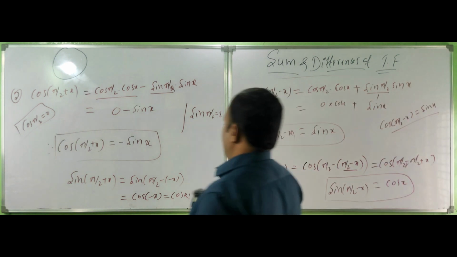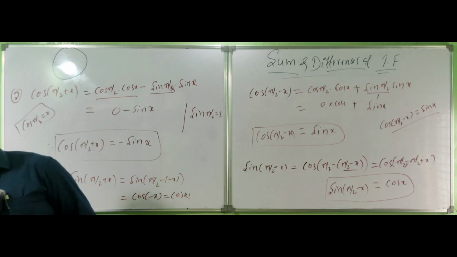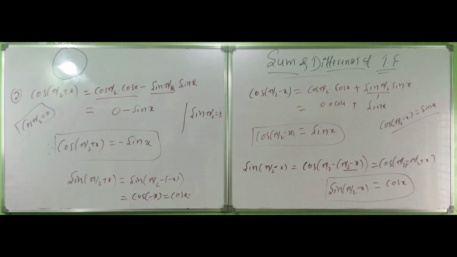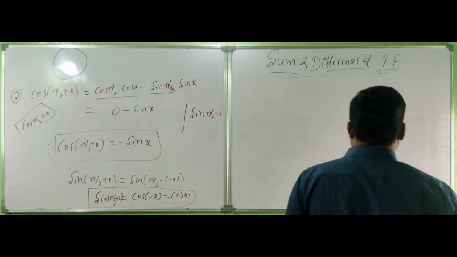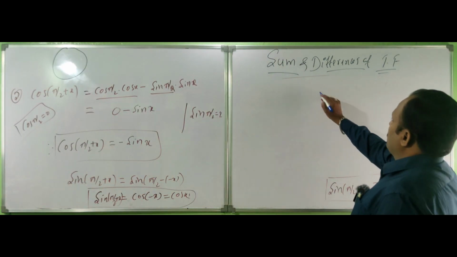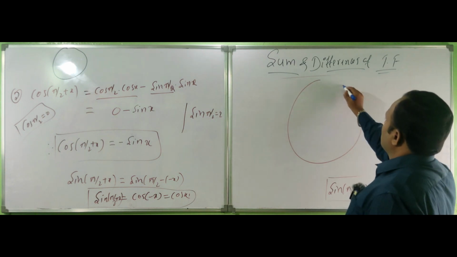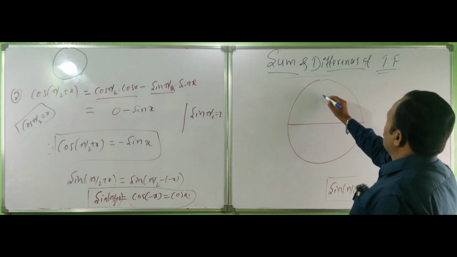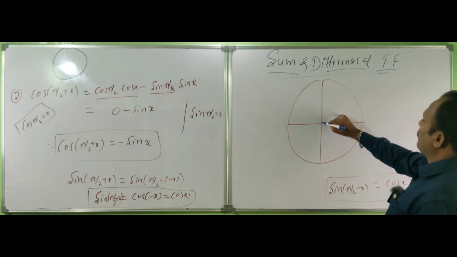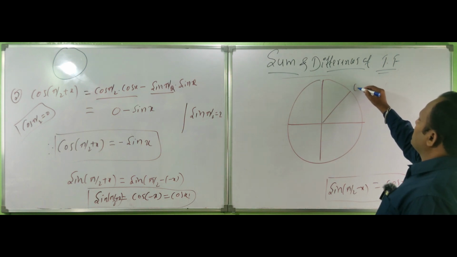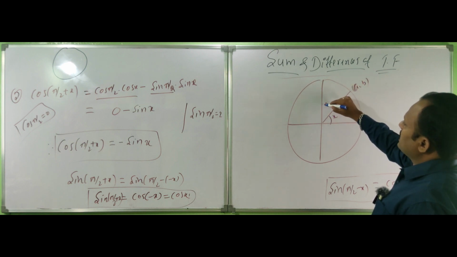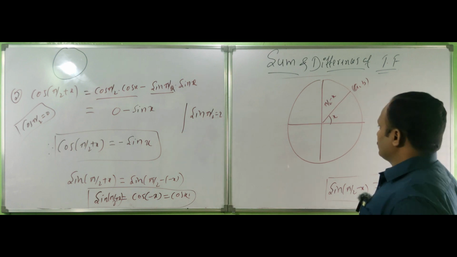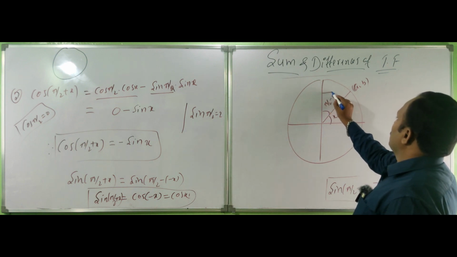If you want more clarification, let's see in the diagram how they represent it. Let's see how cos of pi by 2 plus x and cos of pi by 2 minus x have equal angles. This is the unit circle and this is the point cos x, with points A and B. This is x. This is pi by 2 minus x. This is the opposite.